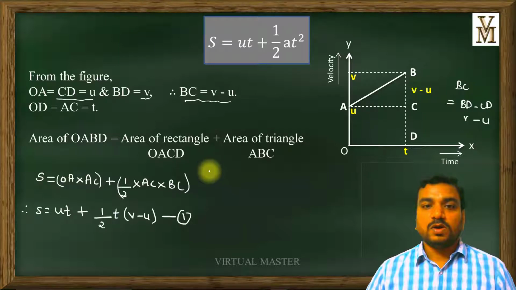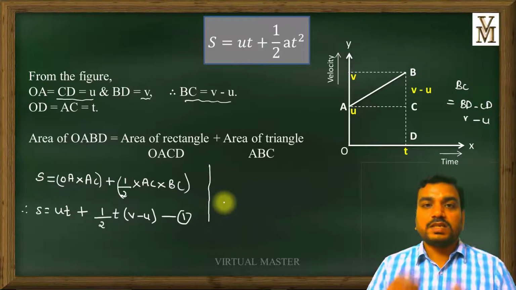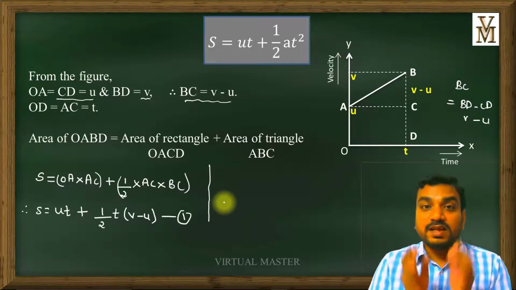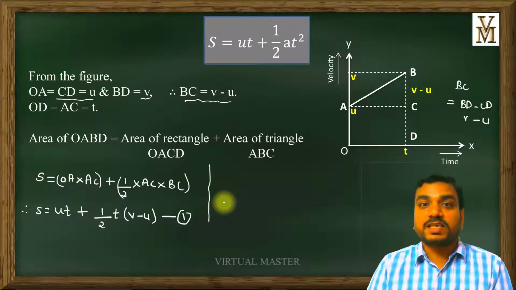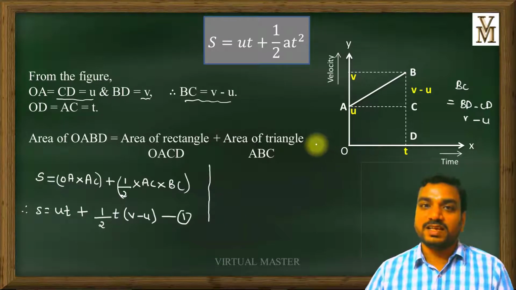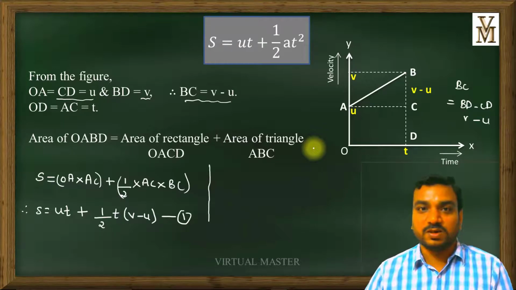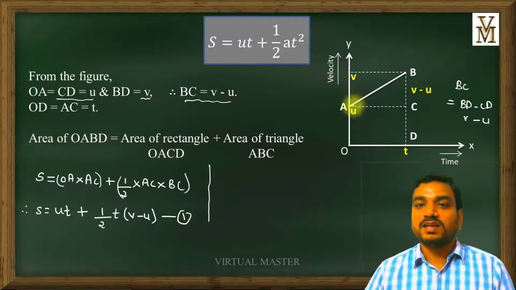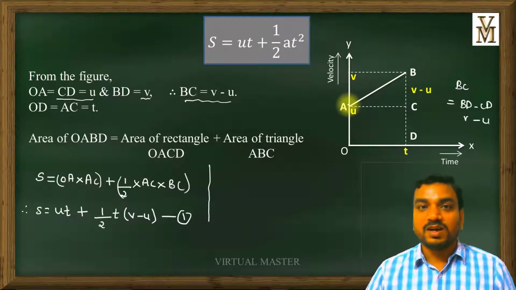Now, while discussing the velocity time graph, we also discussed that the acceleration of the object can be found using the velocity time graph. That is, by finding the slope of the curve, we get the acceleration of the object, isn't it? Here, the slope of AB will be equal to the acceleration of the object.